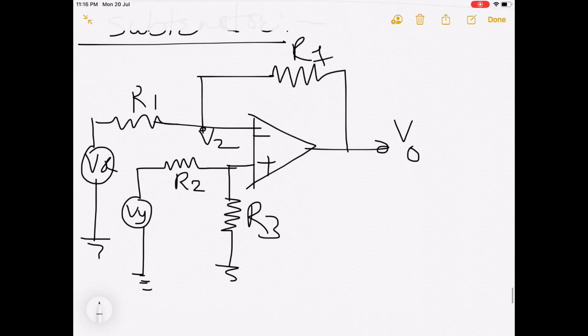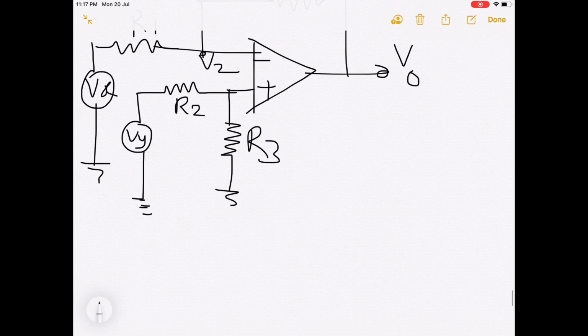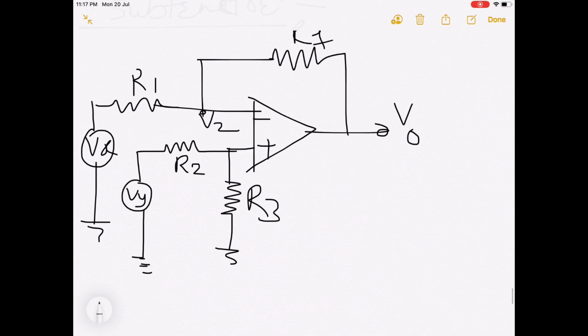Okay, so to derive the expression for the output voltage of the difference amplifier with negative feedback, we need to apply the superposition theorem here. So what is the superposition theorem? When two inputs are applied simultaneously, and you want to calculate the voltage at the output, then you have to consider one input at a time, the other will be grounded, then calculate your VO dash.